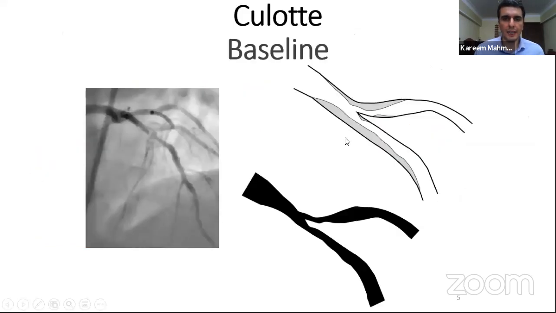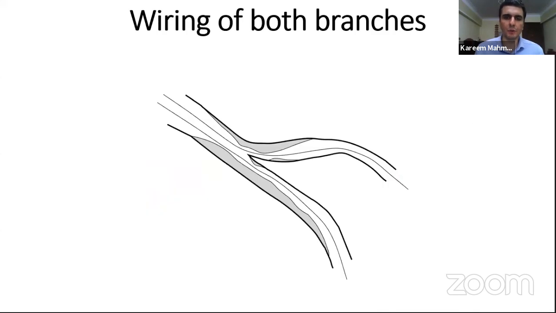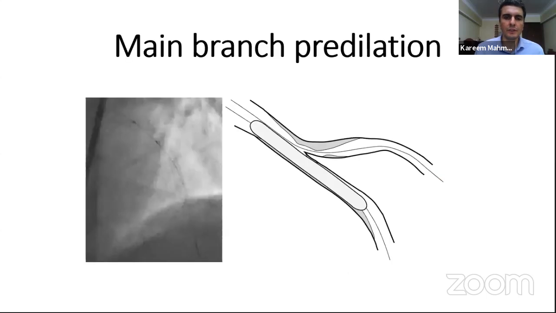So, how to do a Culotte technique? Again, back to the Medina, the bifurcation lesion with the Medina classification 111. We will wire both vessels. Then, a very important step in every bifurcation strategy is to do a good pre-dilatation of both the main vessel and the side branch.